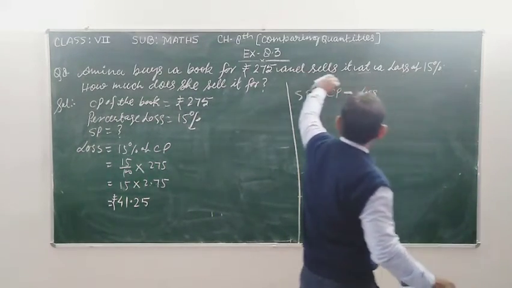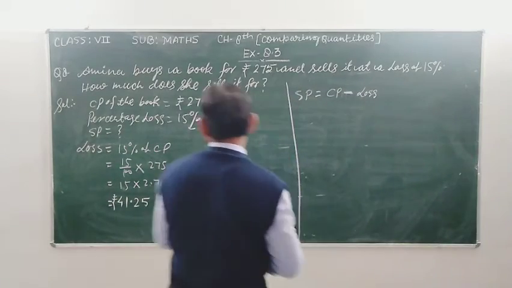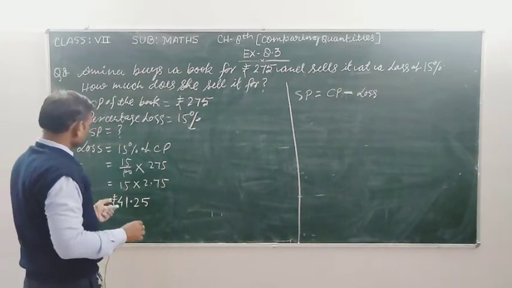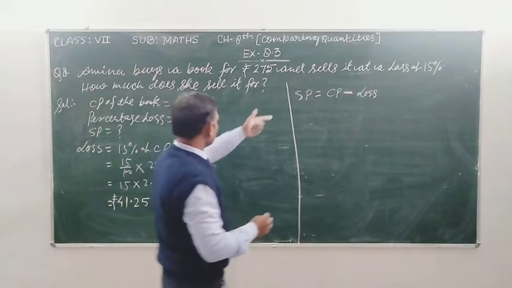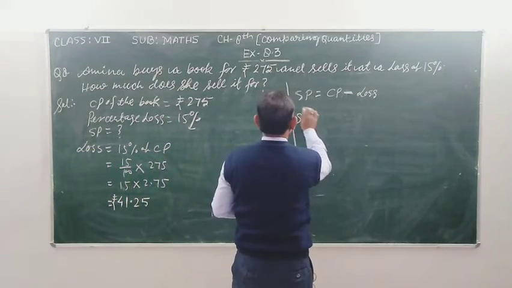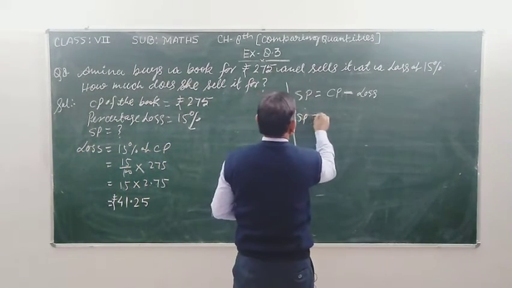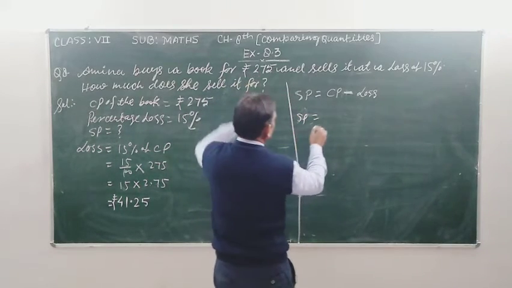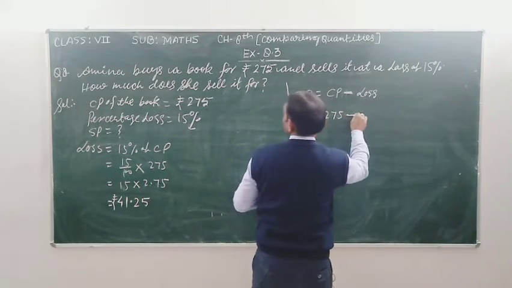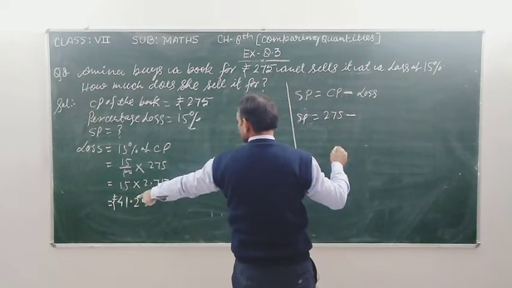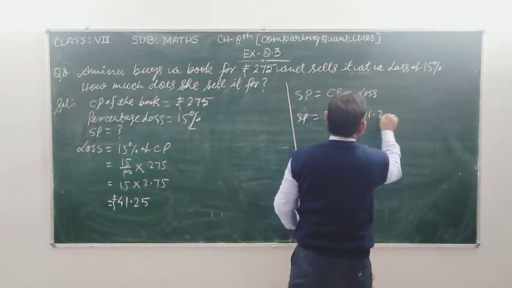Now I hope you have understood this formula, why we are using it. So now it's very easy. SP is equal to CP. CP is given, student, 275 minus loss amount is 41.25.